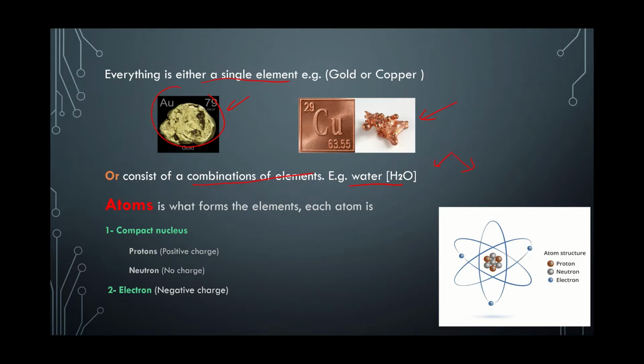So what is an atom? An atom is what forms the element. It consists of protons with a positive charge, neutrons, and electrons with a negative charge. The protons and the neutrons exist in the nucleus, while the electrons orbit around the nucleus.